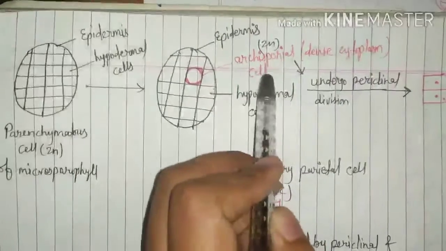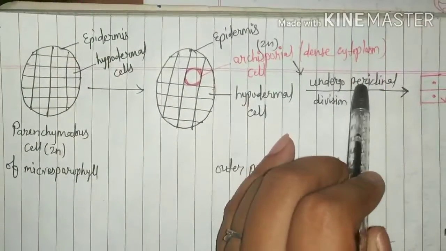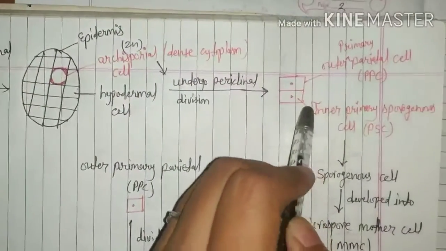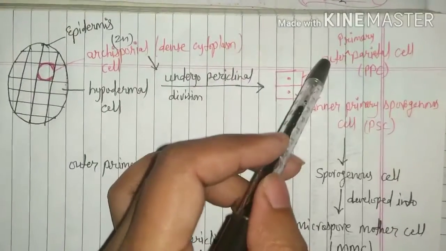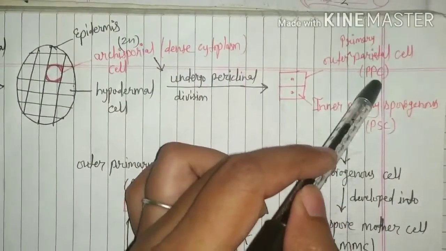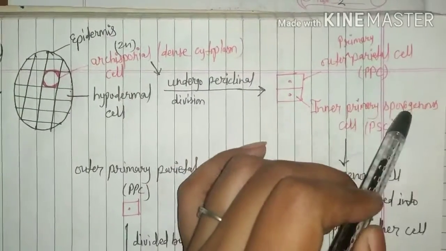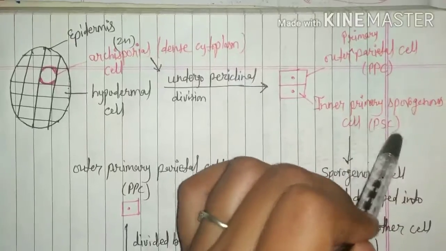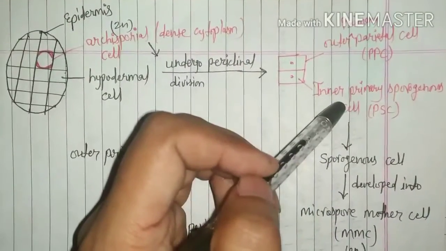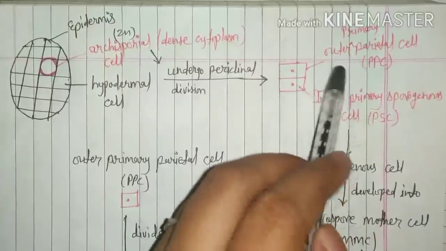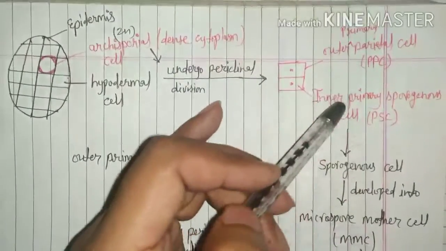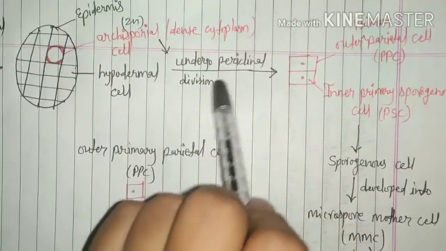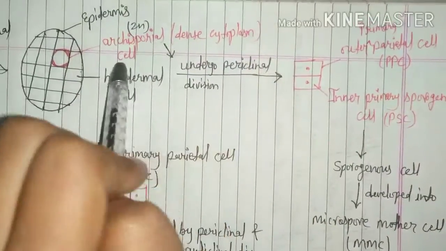Archaeosporial cells undergo periclinal division and form the outer primary parietal cell PPC and the inner primary sporogenous cells or inner primary microsporogenous cells PSC. Both are in diploid condition because PPC and PSC are formed by periclinal division in archaeosporial cells.